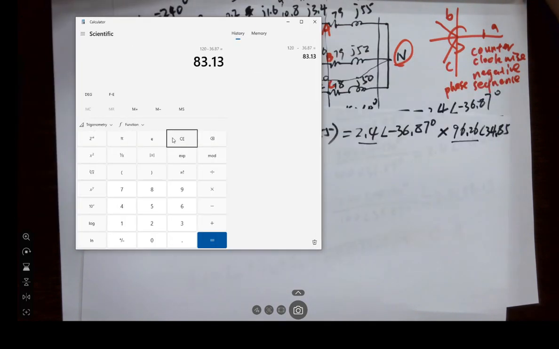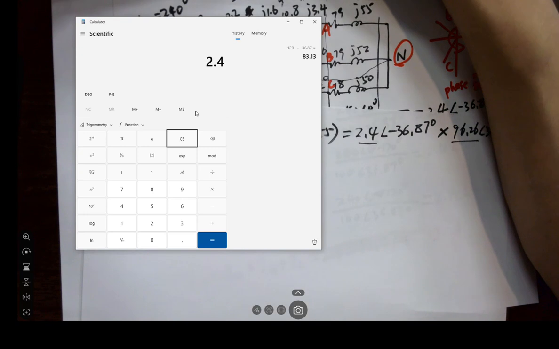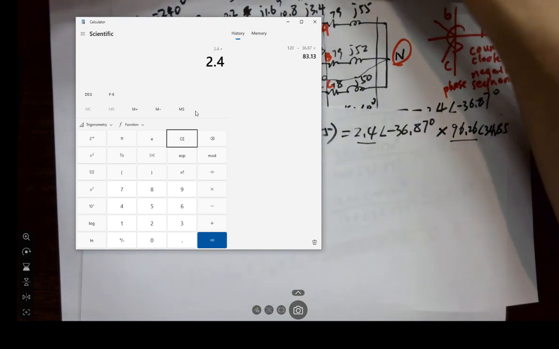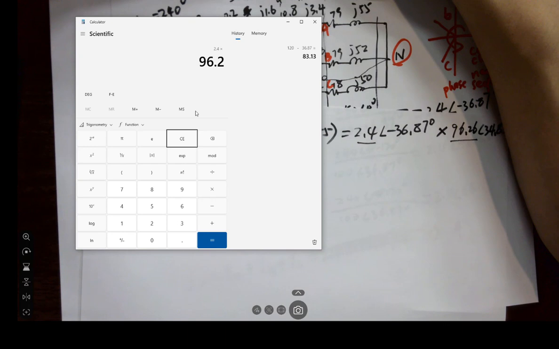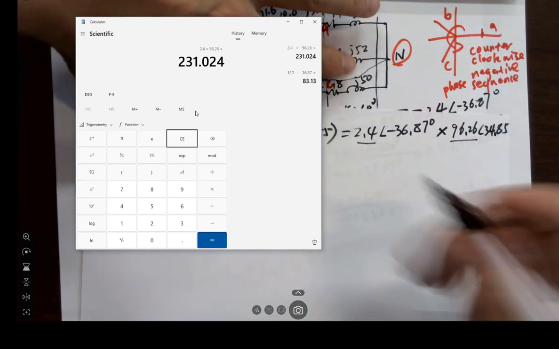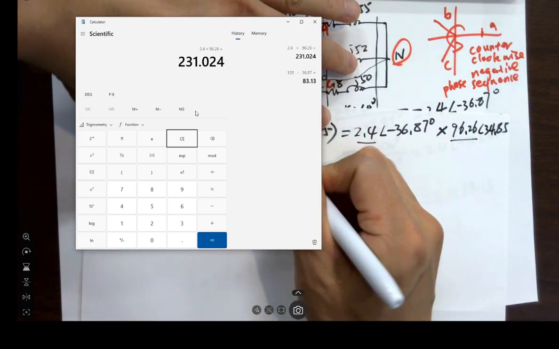So this becomes 2.4 times 96.26, 231.024.